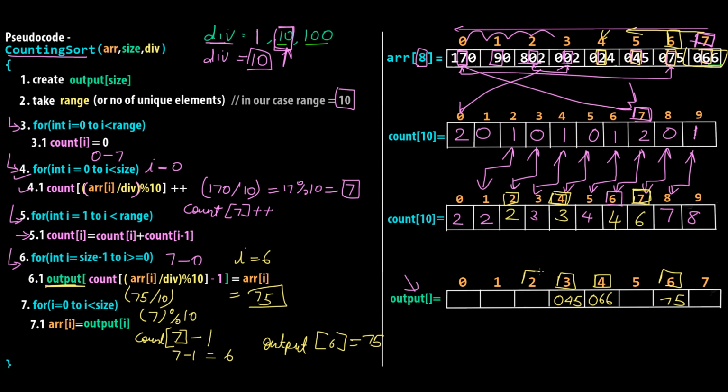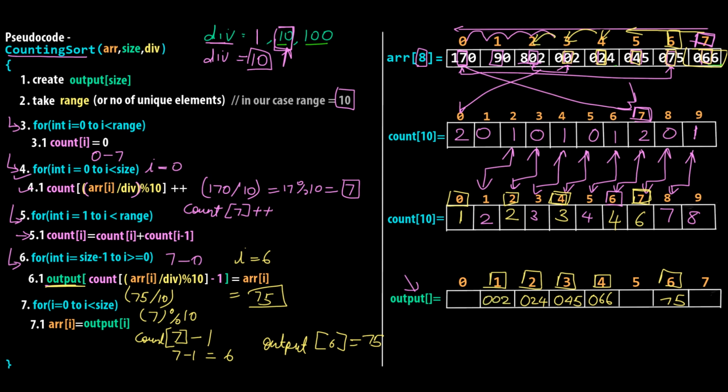And in the output array, at the 2 index position, we will store 024. Then we will go to 002, we will get the 0 index position in the count array, decrement it by 1, so it will become 1. At the 1 index position in the output array is where we will put 002.